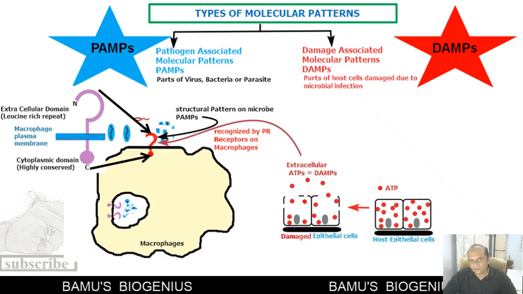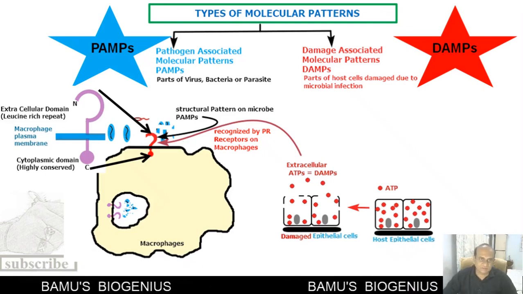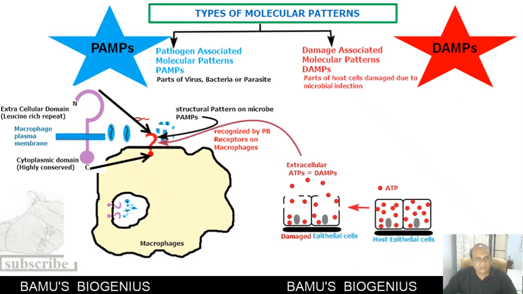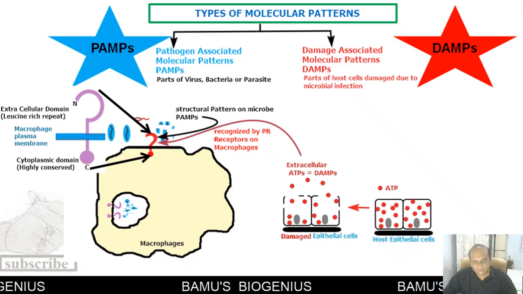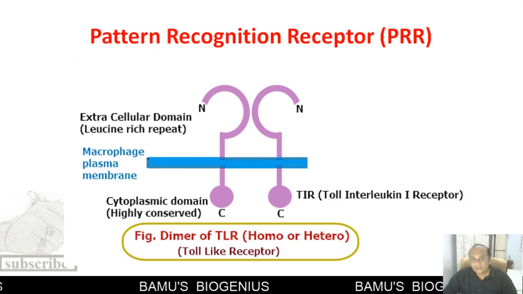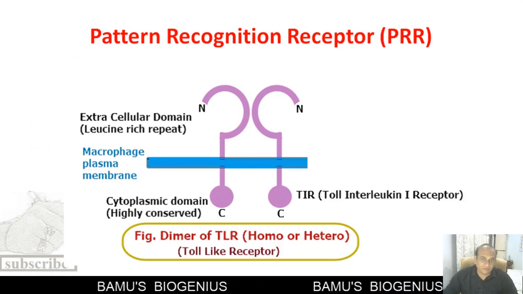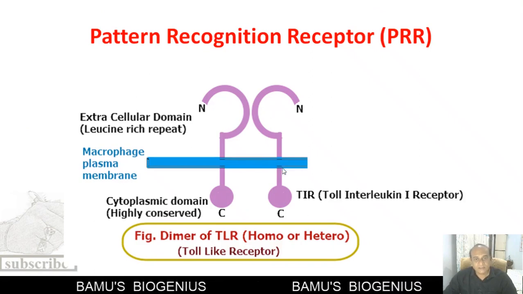Now, another important feature of these pattern recognition receptors is that in some cases they form dimers, and only then can they transmit the signals to the cytoplasm of the macrophages. Such dimers may be homodimers or heterodimers.